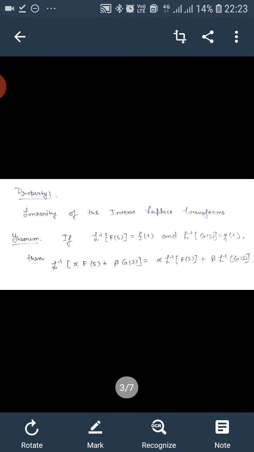Now I'm going to look at some of the properties of the inverse Laplace transform. The first property we are going to discuss is the linearity of the inverse Laplace transform. This is a theorem.